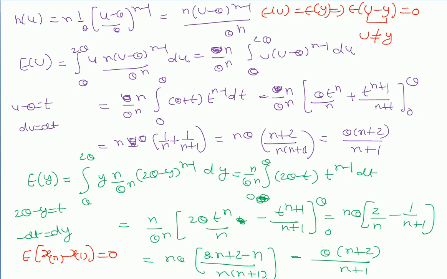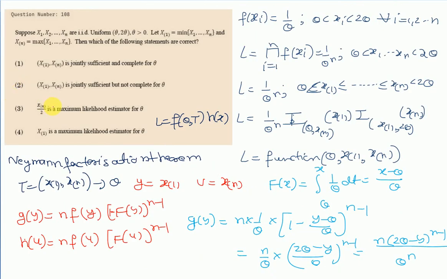Now the last concept is based on the concept of MLE, maximum likelihood estimator. When will the likelihood be maximum? See, this is the maximum value of likelihood, 1 upon theta raised to power n. And when will we get this maximum value? We will get this maximum value when we have this condition.